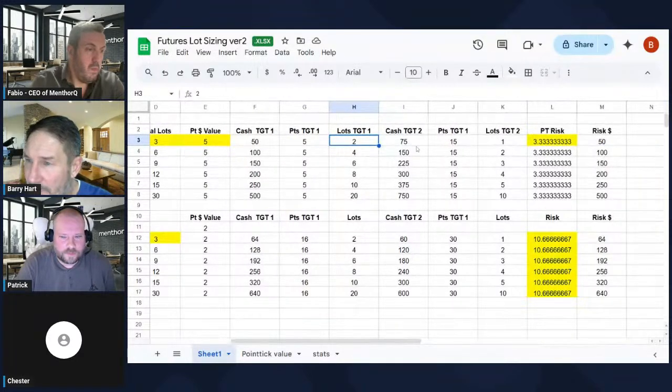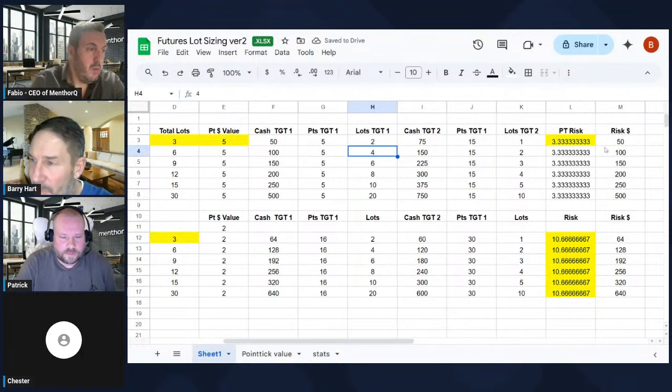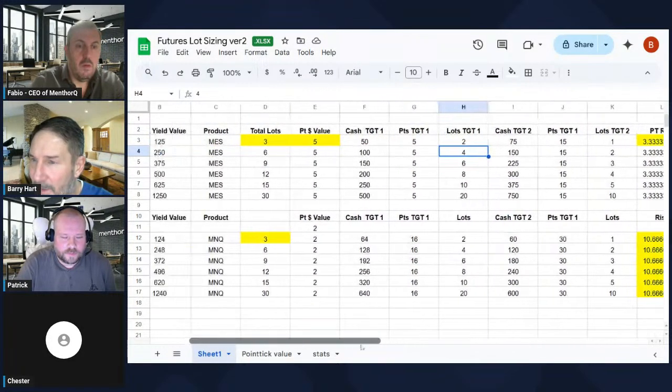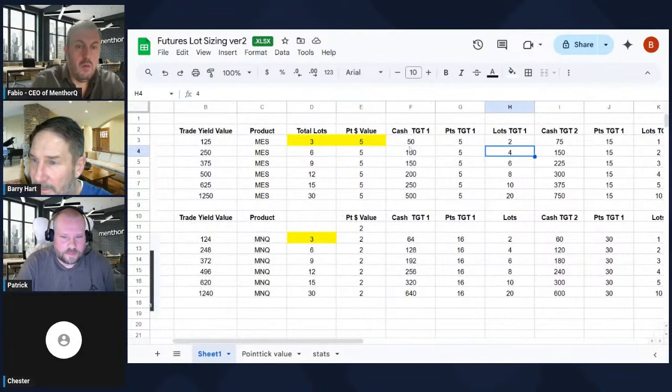The cash I'm going to get for target 2, the points, it's actually 1. Sorry about that. Or 2. And then what the risk is, and what the dollar risk is. I try to make my total trade risk, which in this case is $50, the entire amount that I would get for hitting target 1.